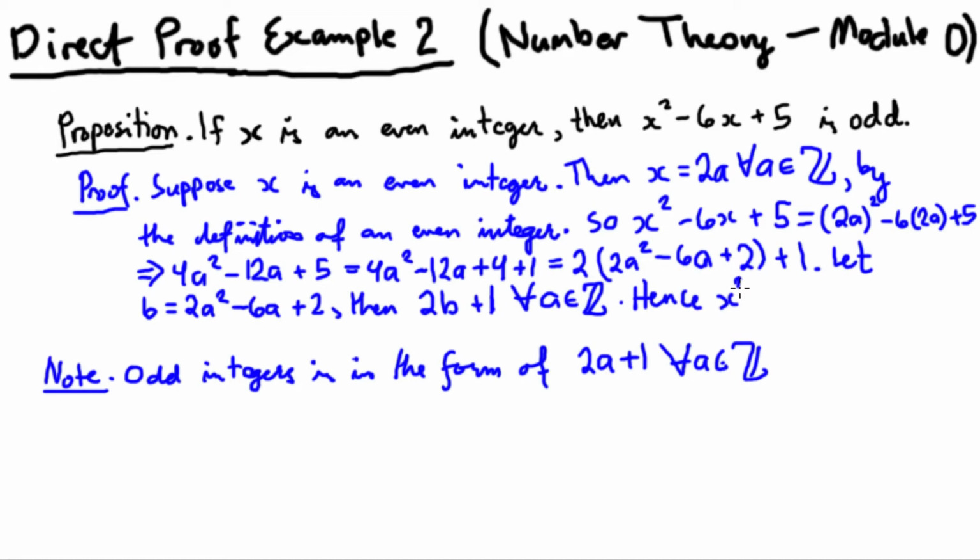Hence, x squared minus 6x plus 5 is equal to 2b plus 1, where b is equal to 2a squared minus 6a plus 2, which is in the form of an odd integer.